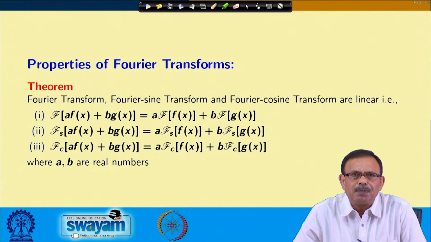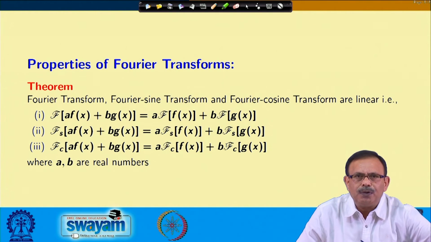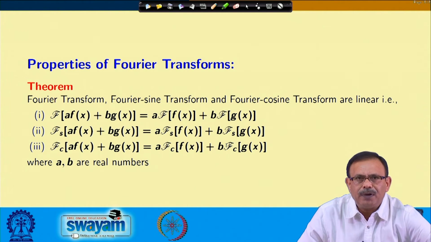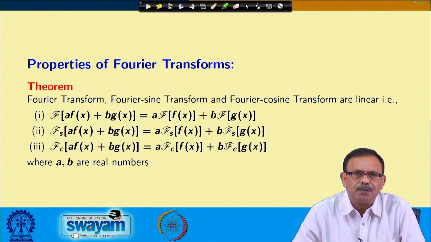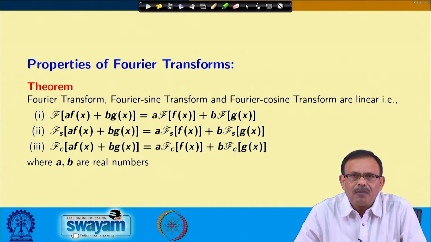The Fourier transform of a f(x) plus b g(x) equals a into the Fourier transform of f(x) plus b into the Fourier transform of g(x). Similarly, the Fourier sine transform of a f(x) plus b g(x) equals a into the Fourier sine transform of f(x) plus b into the Fourier sine transform of g(x), and the Fourier cosine transform of a f(x) plus b g(x) equals a into the Fourier cosine transform of f(x) plus b into the Fourier cosine transform of g(x), where a and b are real numbers.